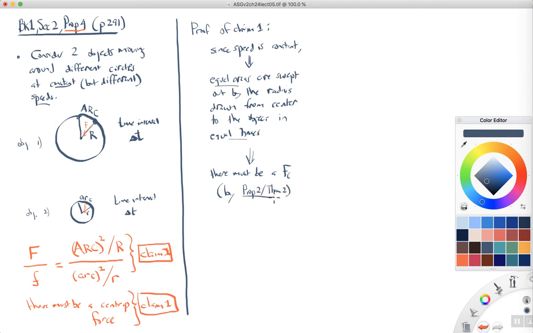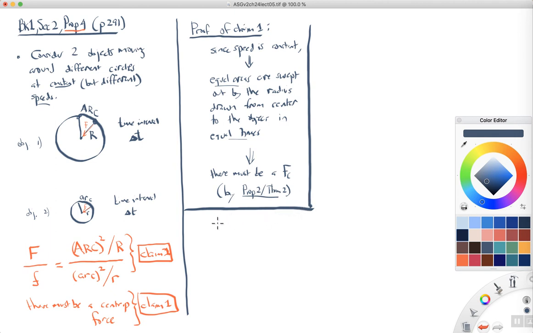Proposition 2, theorem 2 said if an object is moving in a curve and equal areas are swept out in equal times, then there must be a centripetal force. So there we have it. Claim 1 is correct. There must be a centripetal force acting on this object. Okay, that was a pretty easy one. All we had to do was invoke proposition 2, theorem 2.